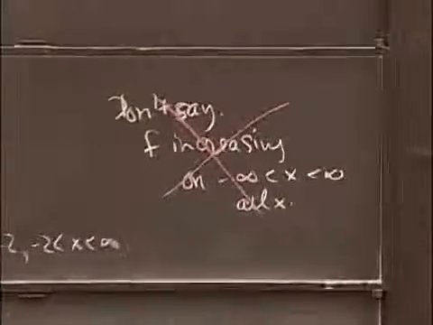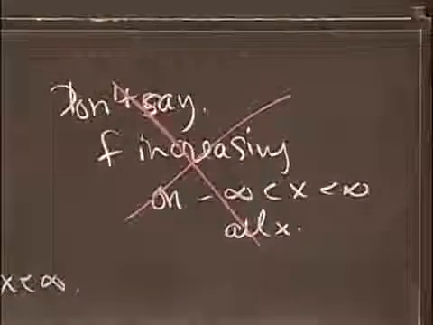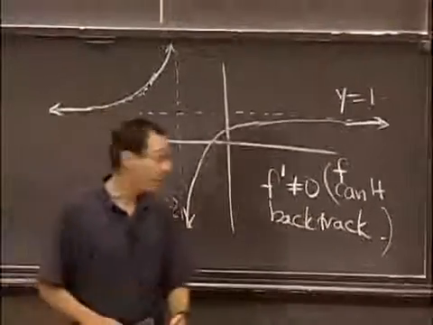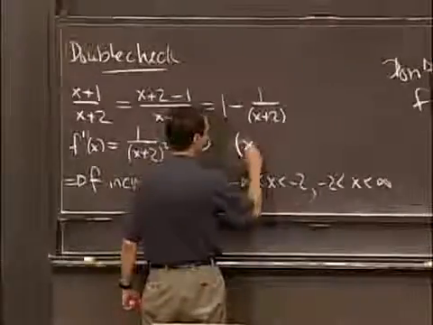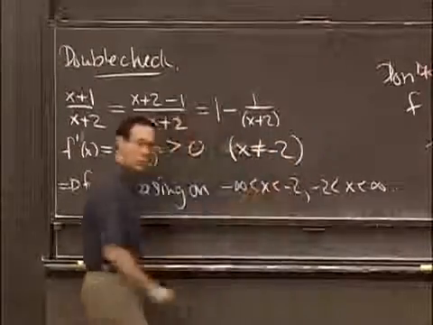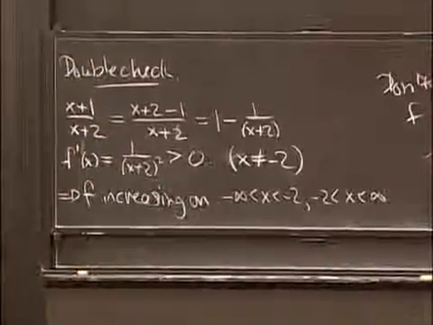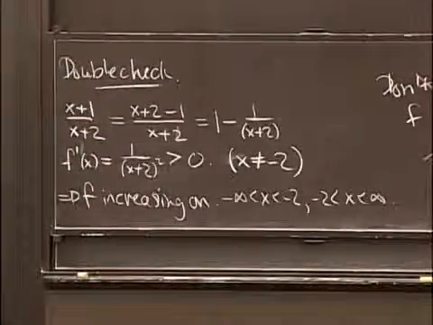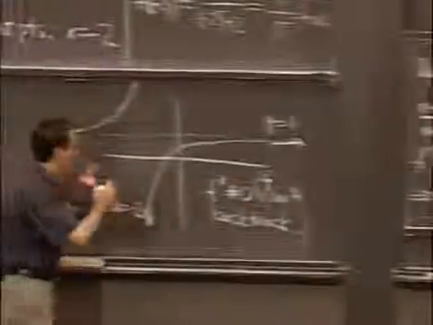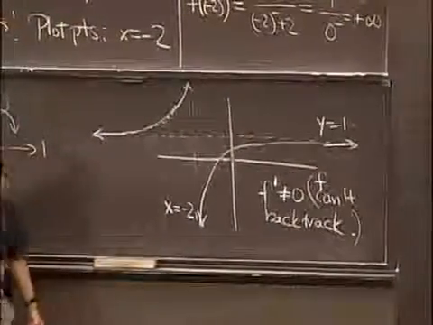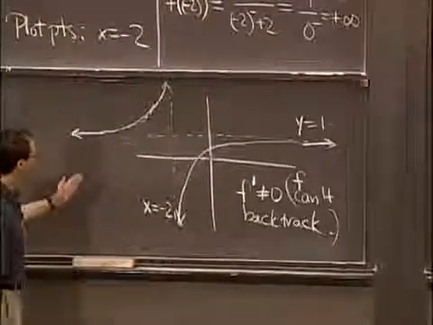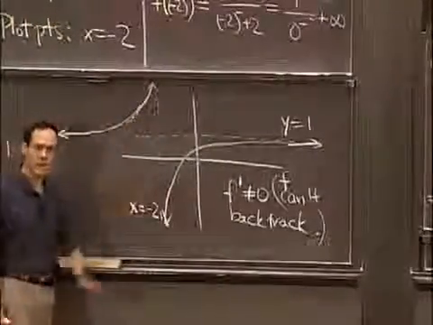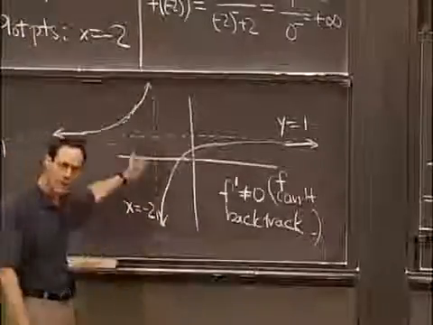Okay, and the reason is, first of all, it's totally obvious. It's going up here, but then it went zooming back down there. And here, this was true, but only if x is not negative 2. So there's a break, and you've got to pay attention to the break. So basically, the moral here is that if you ignore this place, it's like ignoring Mount Everest or the Grand Canyon.